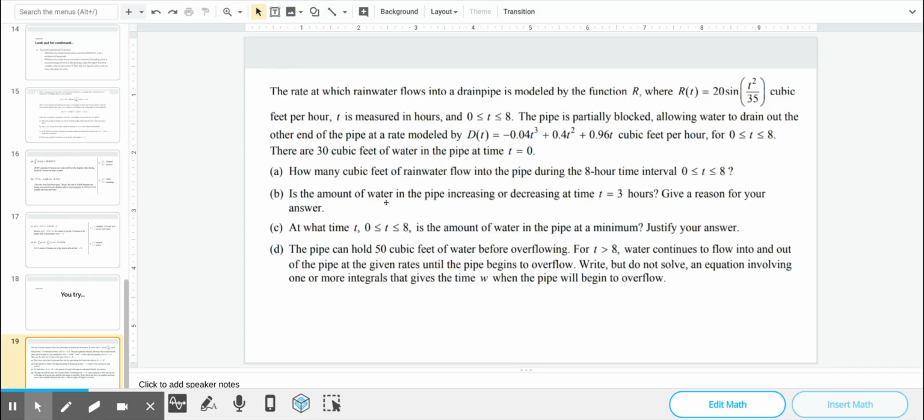So what would the accumulation, or the integral, look like if you were trying to find the total amount of water from 0 to 8? Once you have that down, then you can take its derivative. And think about it, there is an initial amount there still. And then part D, I want you to work through that a little bit. It seems more confusing than it is.